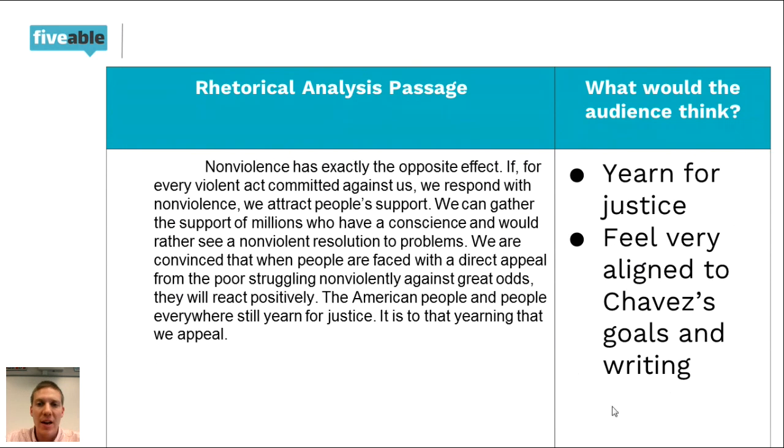I'm going to read that again just to make sure we get this key idea, but I'm going to cut a couple phrases out. We are convinced that when people are faced with a direct appeal from the poor, they, the people, will react positively. All right, let's finish this. The American people and people everywhere still yearn for justice. It is to that yearning that we appeal.